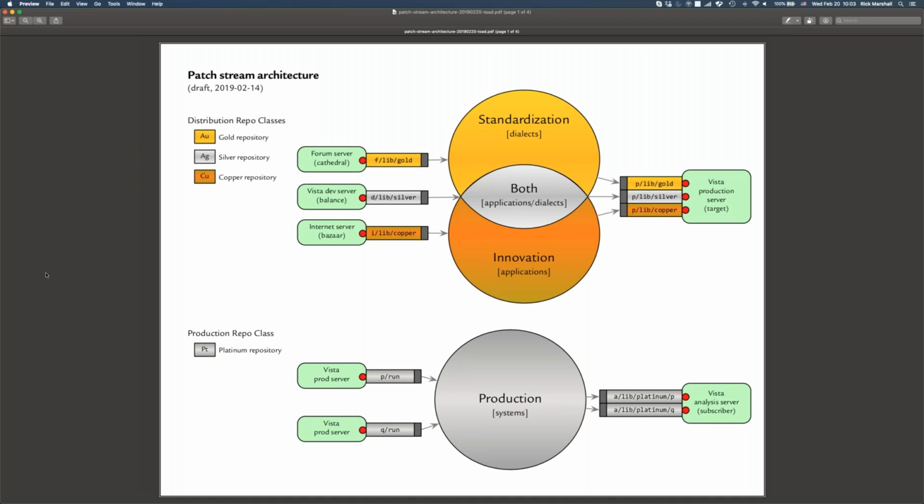So what we're going to talk about today is the different classes of repositories and what they're going to try to accomplish, and what that means as far as the kinds of things we need to be able to compare or contrast. What are the distinctions we need to be able to draw? What things do we need to know when they're the same? And what things do we need to know when they're different?